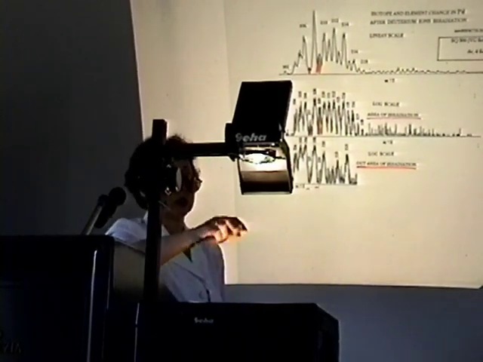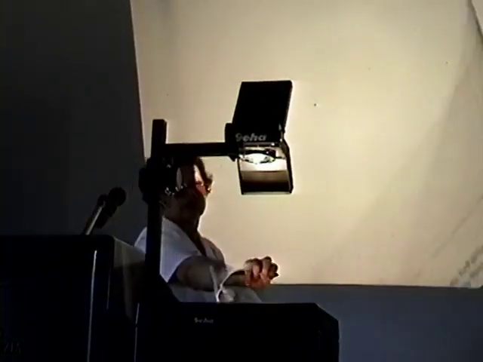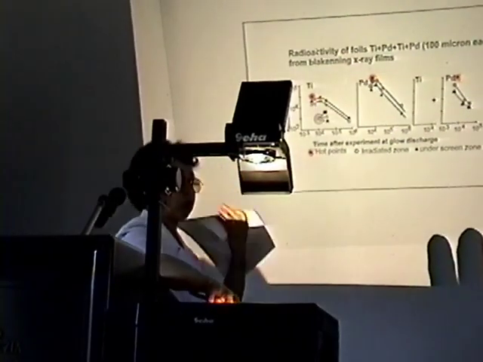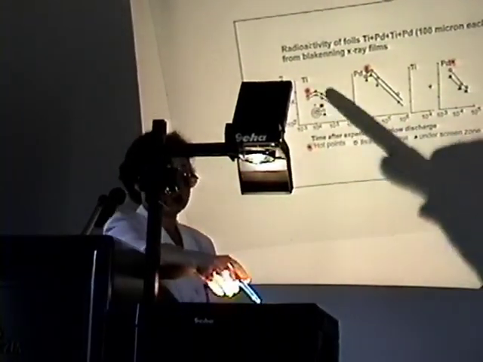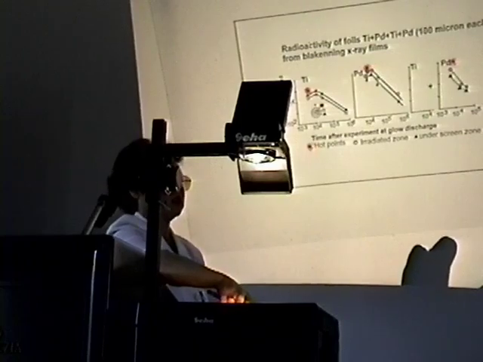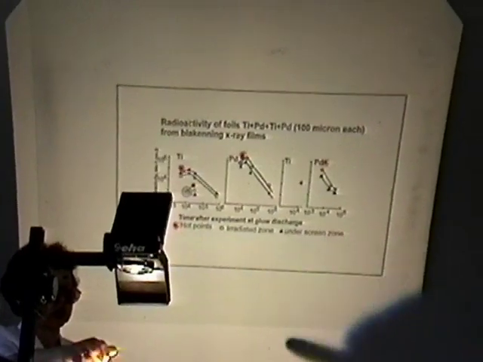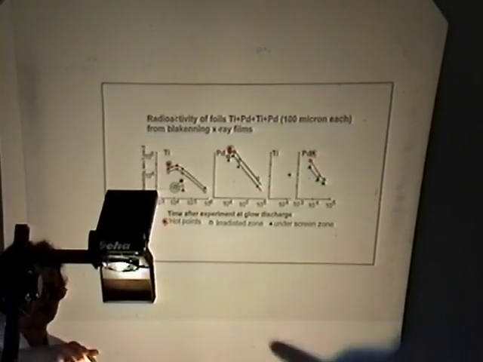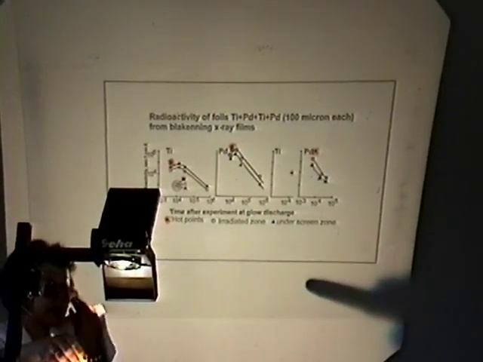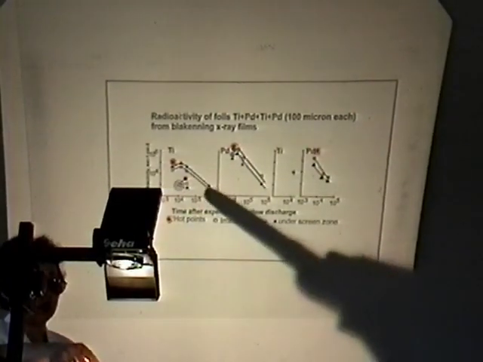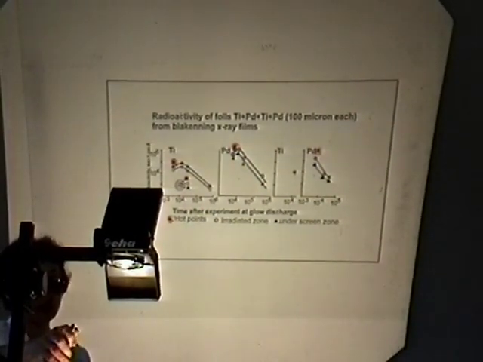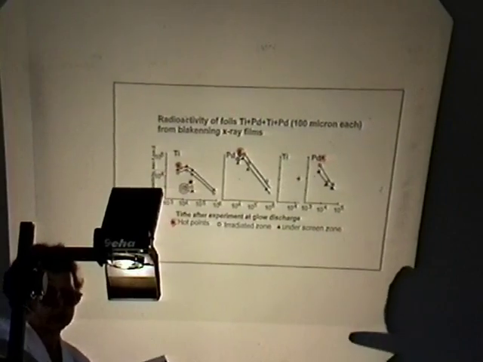This is after the screen, on the screen. We can observe hot points on the sample as beta emission from irradiation of palladium or titanium or other materials.